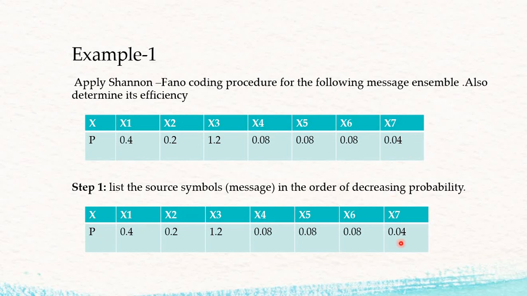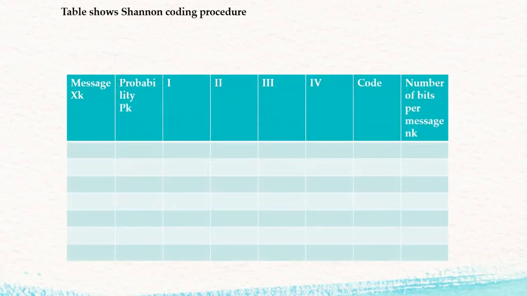Once the messages are arranged in decreasing probability, we go for the second step. In the second step, we have to draw the Shannon-Fano coding table. This type of table you have to draw. The first column is the message xk, which is the message given to us.